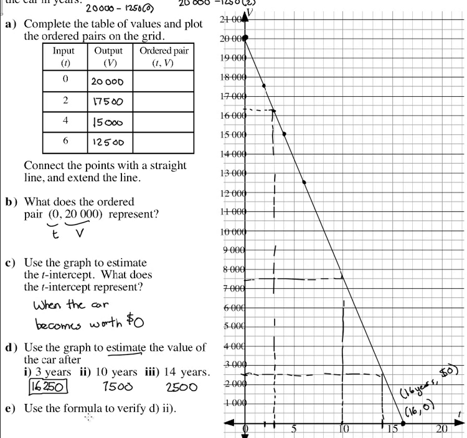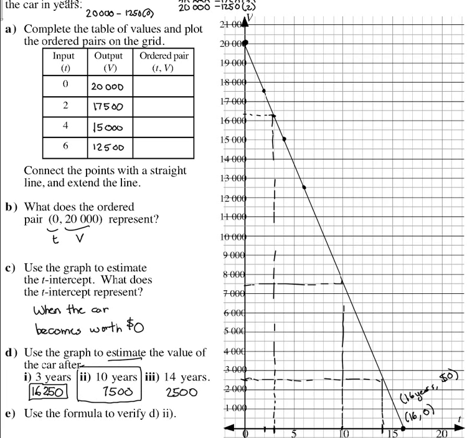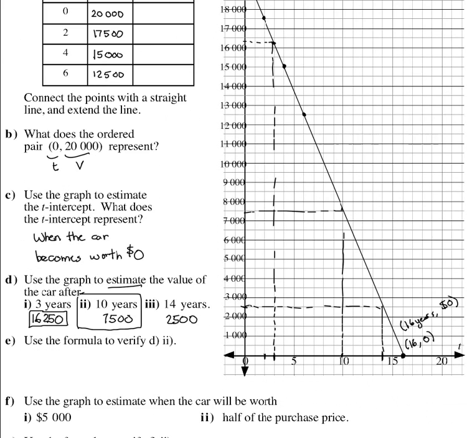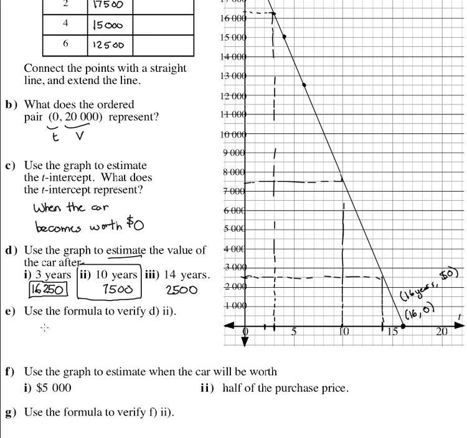Use the formula to verify, meaning this one, to check what the car is worth after 10 years. The formula, you remember, was up here. It said it was 20,000 minus 1250t. So we can calculate that. The value is 20,000 minus 1250 times the time, and they said it's 10 years.